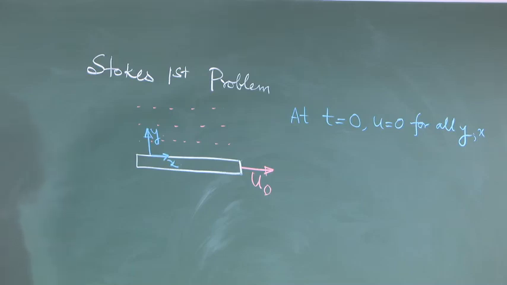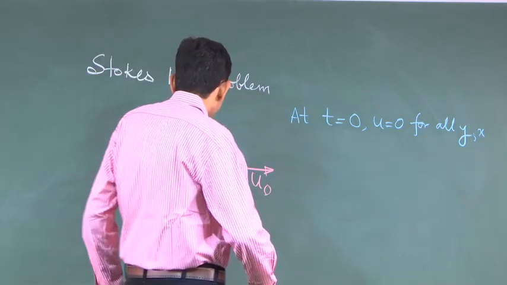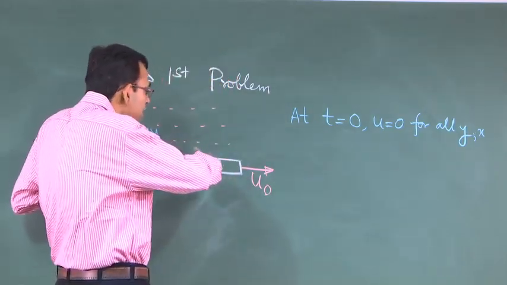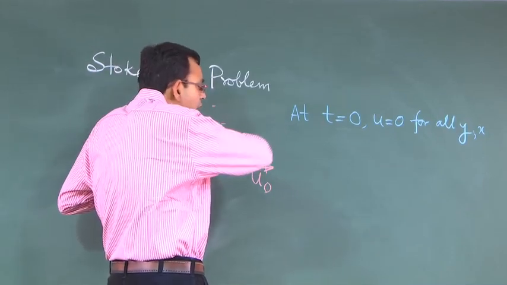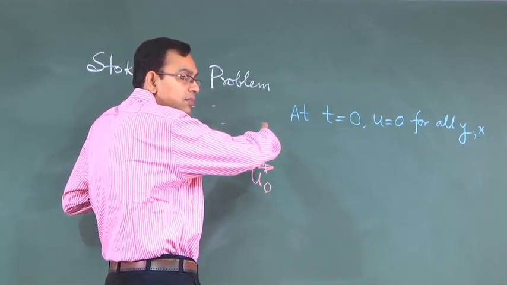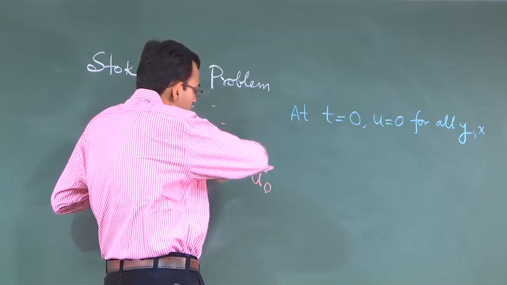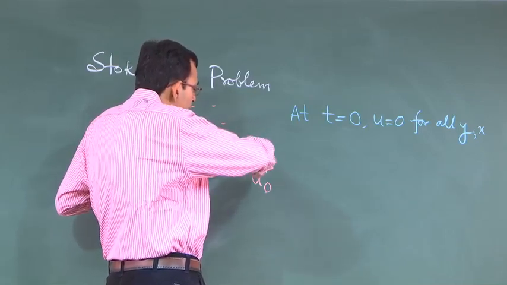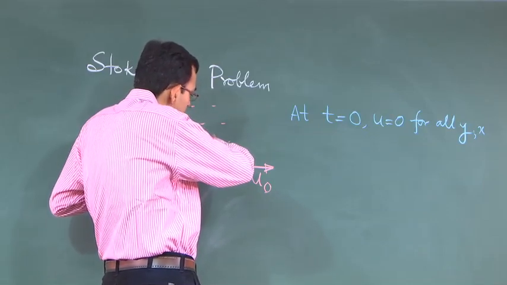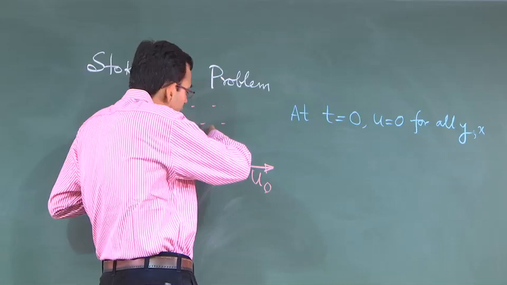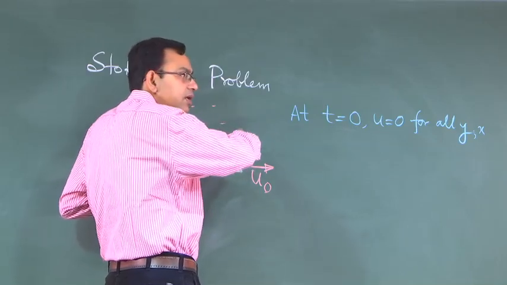When this is done, this plate by viscous action will try to drag the fluid along with it. So, now the plate is moving. Because of the no slip boundary condition, the interface between the fluid and the plate will be dragged.